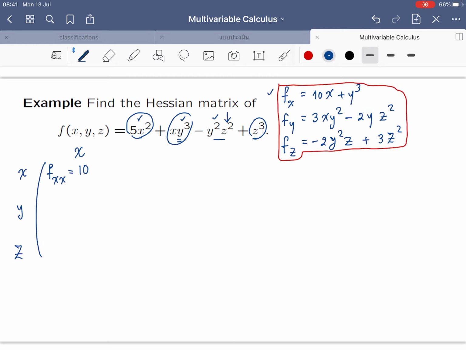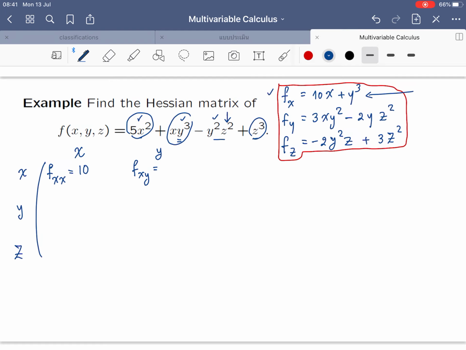How about this one, the x row, the y column? You need to find f sub xy, right? You keep looking at the f sub x, and then continue further with respect to y.